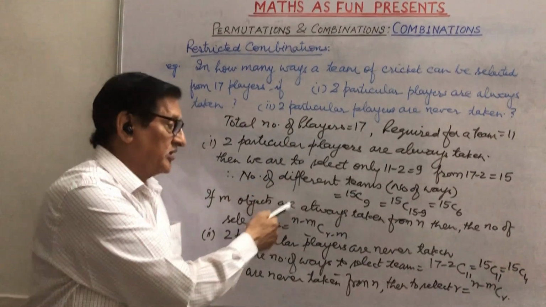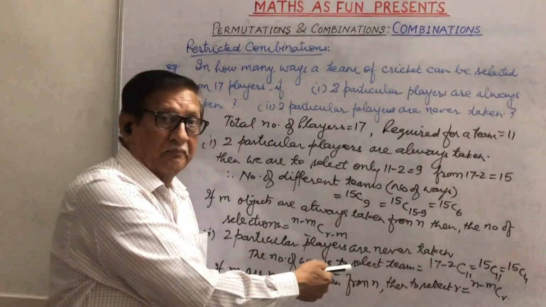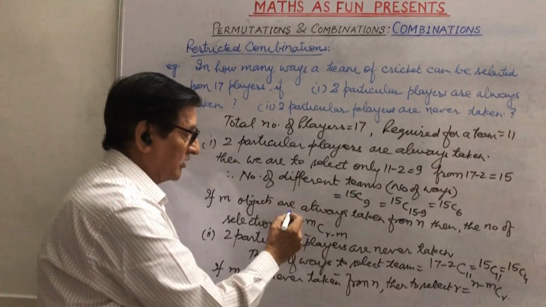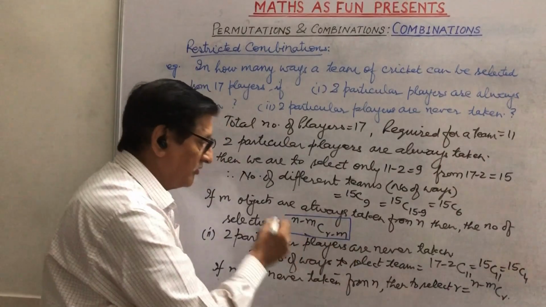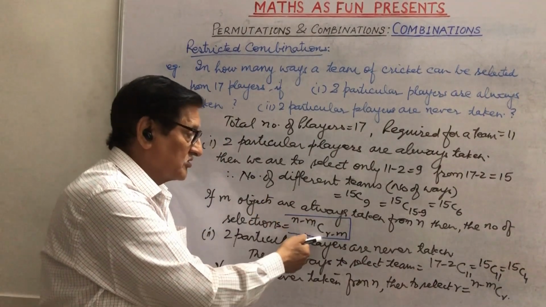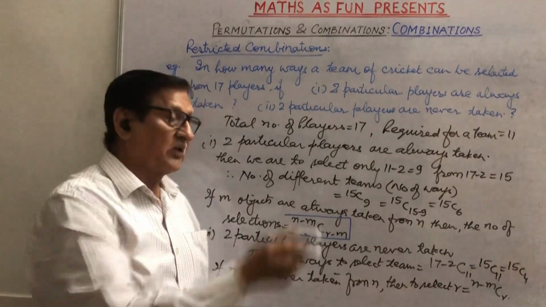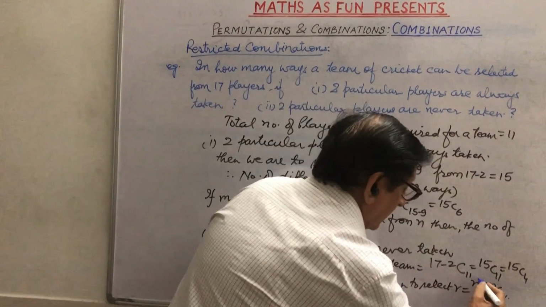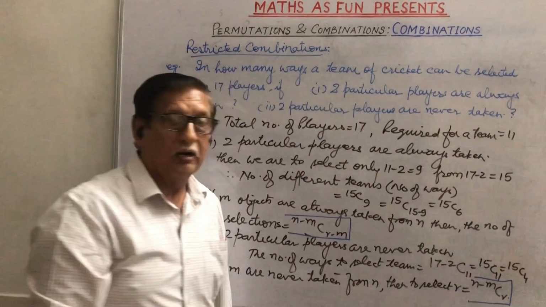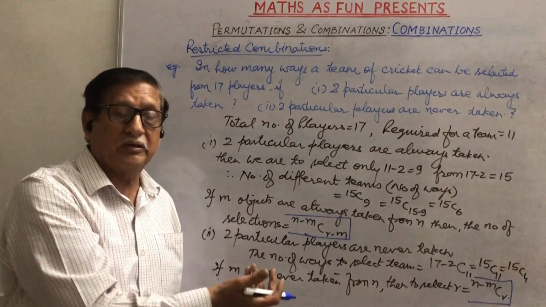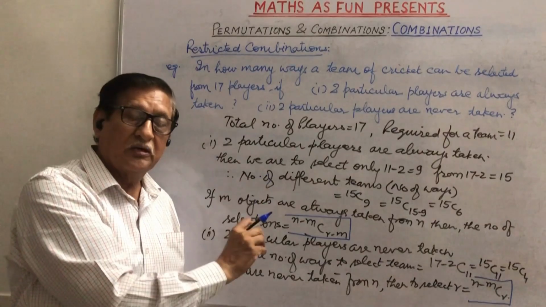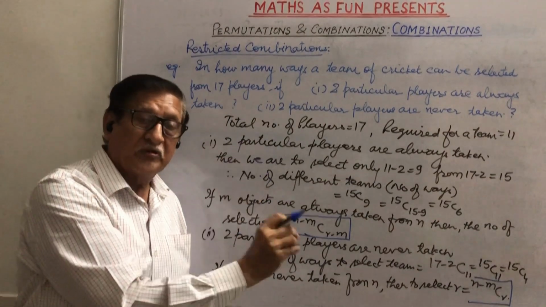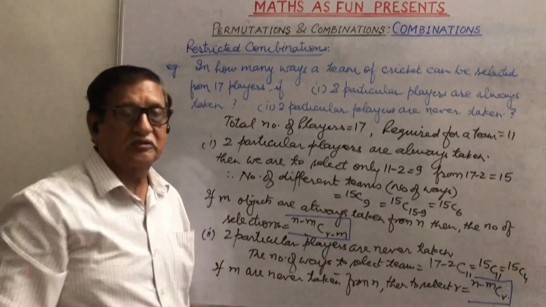If m objects are always taken, then the selections of r objects can be done by this formula, that is n minus m C r minus m. But if m are never taken, then the selection of r will be n minus m C r, because the remaining n minus m objects are to be taken, from which we have to select r objects.